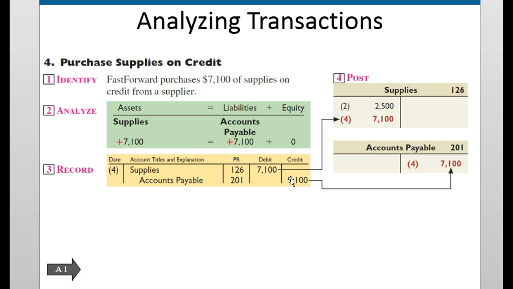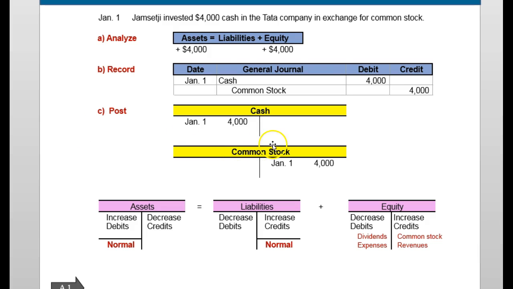Again, looking at the accounting equation, things are balanced, right? So when I post this to my general ledger, I have a $7,100 increase in supplies and a $7,100 increase in liabilities or accounts payable. So if we analyze this one, the owner invested $4,000 in the company.